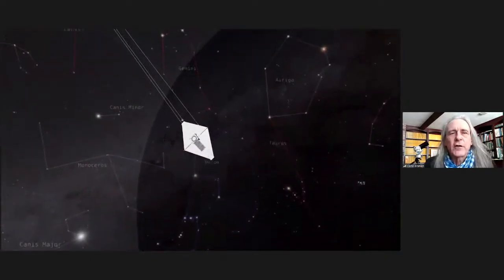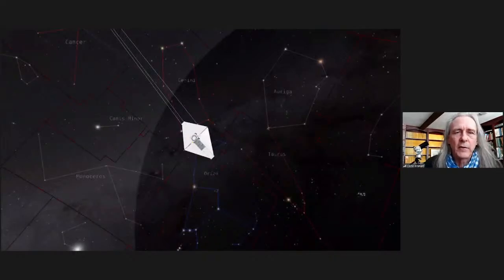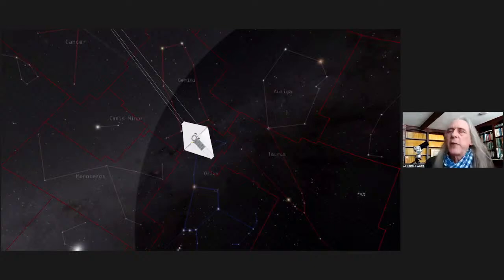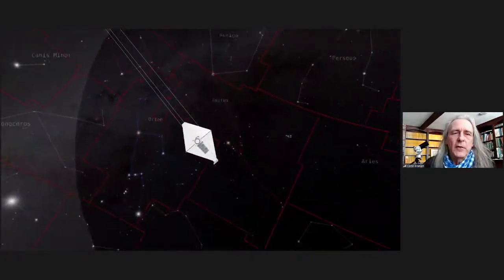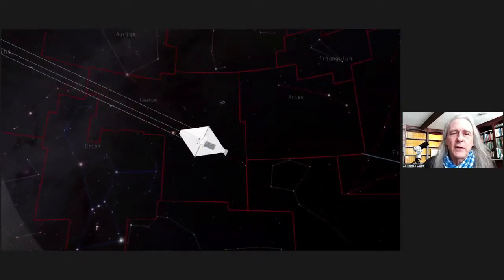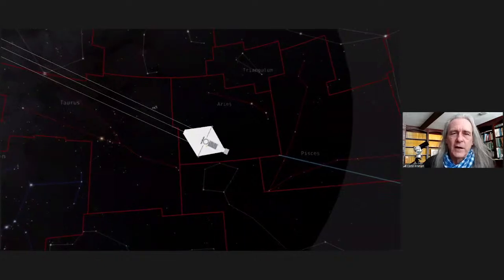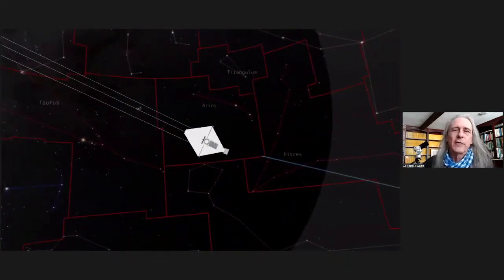Now, astronomers carve the sky up essentially into real estate. And what I mean by that is if I just turn this on, we'll see these are constellation boundaries. And so if you read about some observation and they found something, say, in Aries, there's constellation Aries. Aries is supposed to be a ram.